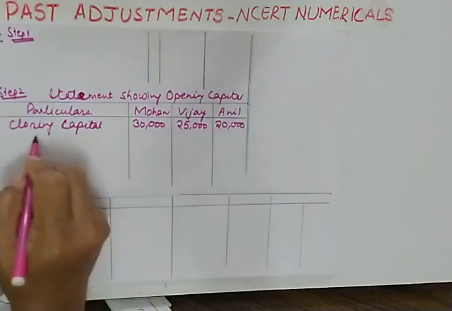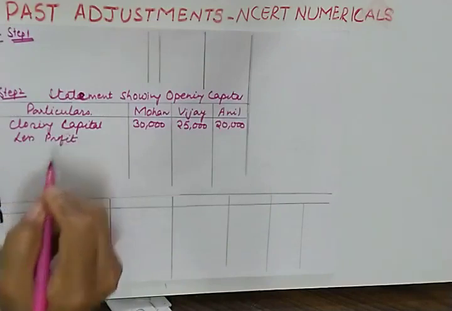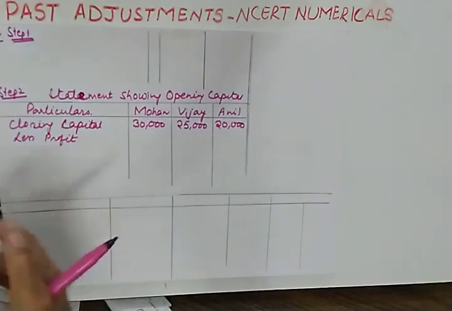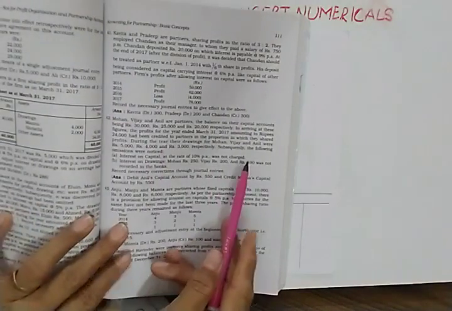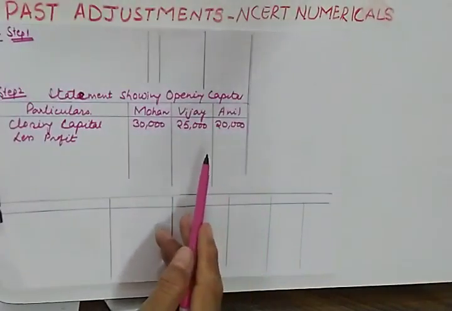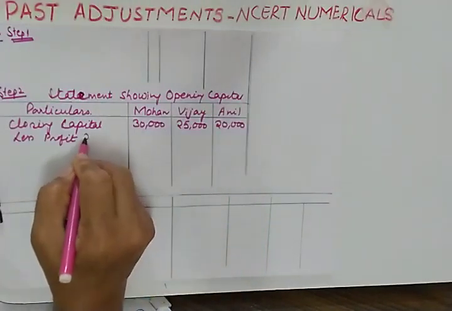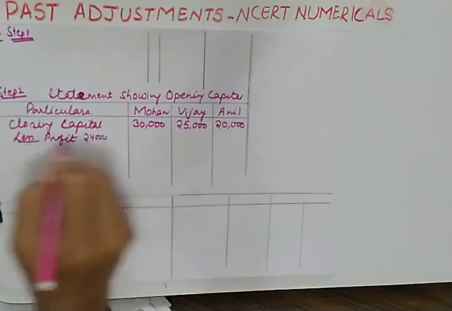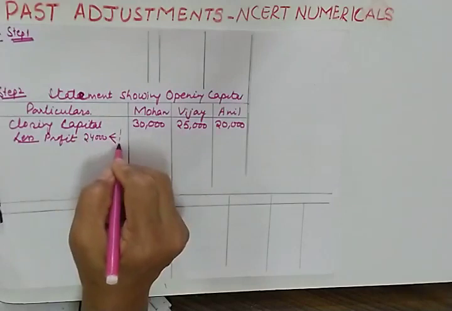And profit is already distributed, so we'll deduct profit. And we have already seen that in this particular numerical, the profit sharing ratio is not given to you. So what is to be done? If the profit sharing ratio is not given, in that case you will distribute profits equally. So how much profit is given to you? 24,000. We already distributed this in equal ratio.